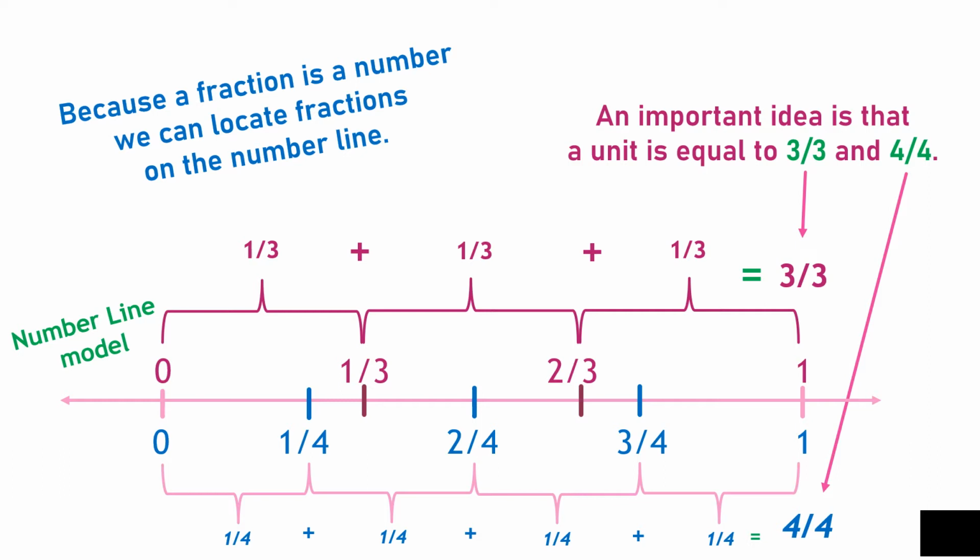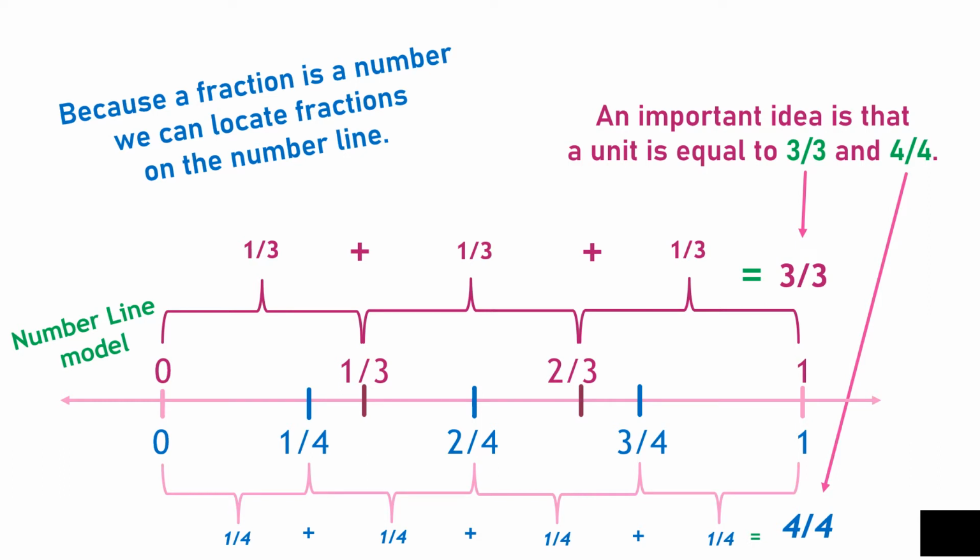We know that a number to the right of any other number on the number line is the larger number. So here we can see that 1/3 is a larger number than 1/4. Well, that makes sense. If we divide a unit into 3 equal parts, they will be larger than if we divide a unit into 4 equal parts.